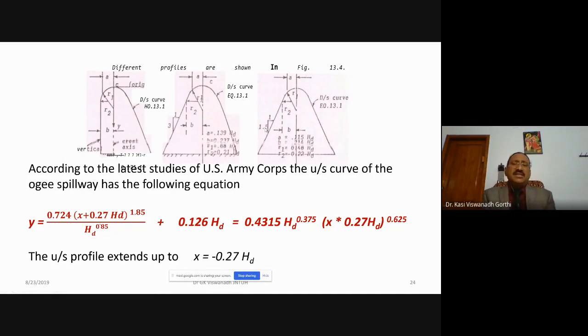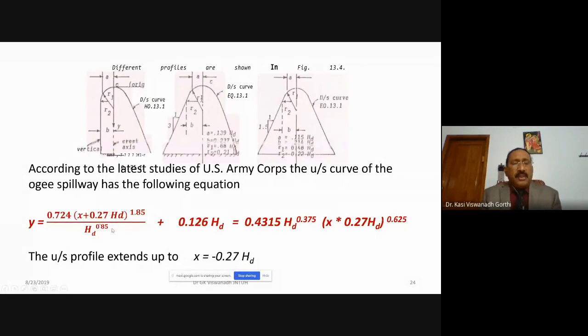According to the latest studies of the US Army Corps, the upstream curve of the ogee spillway follows this equation. Please go through this equation. Y is equal to 0.724 into (x plus 0.27 Hd) to the power 1.85, where Hd is the design head including the velocity head, divided by Hd to the power 0.85, plus 0.126 Hd.